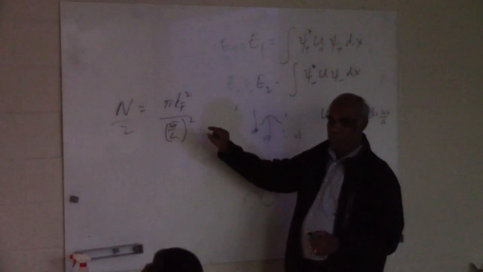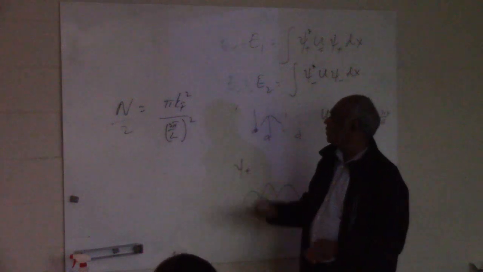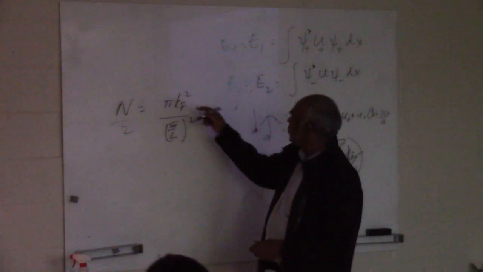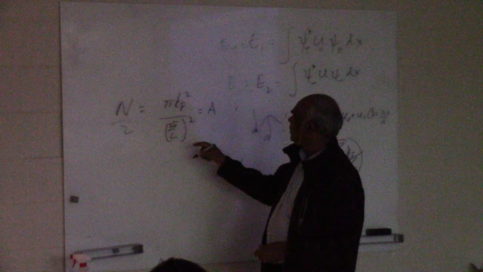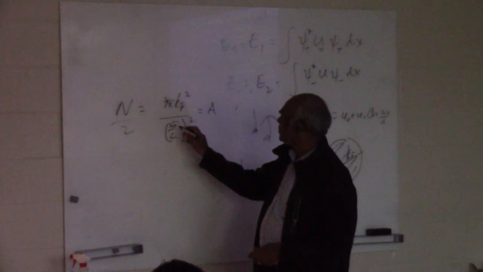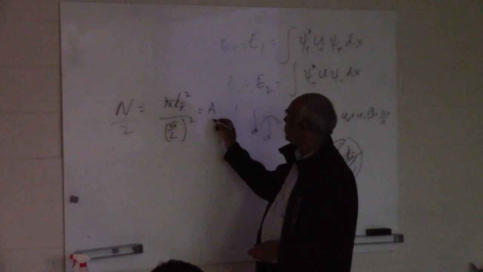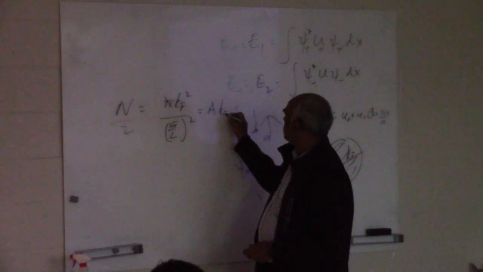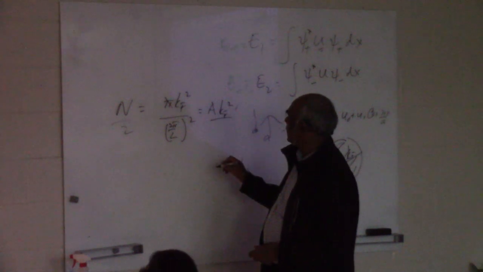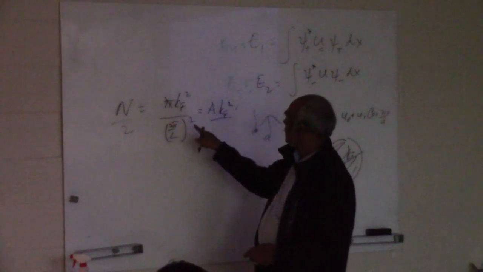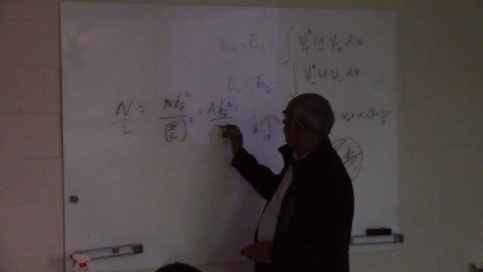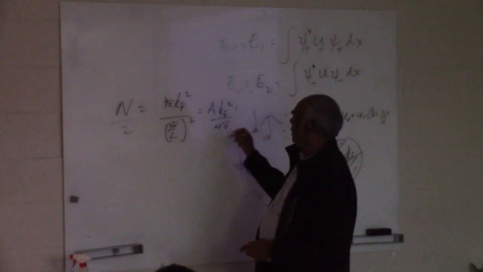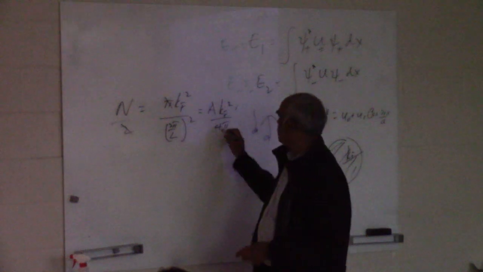Because each state can hold 2 electrons, right? So if you do this, L squared becomes A, and one of the π cancels. So you get A times kF squared divided by 4π, and the 2s cancel.